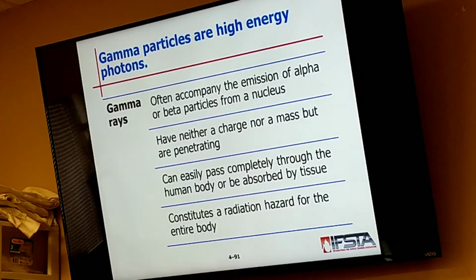Gamma radiation has neither a charge nor a mass, but it does penetrate. It can easily pass completely through the human body or be absorbed in the tissue.